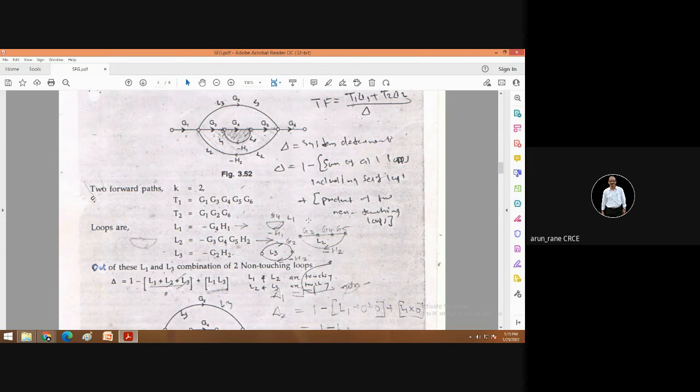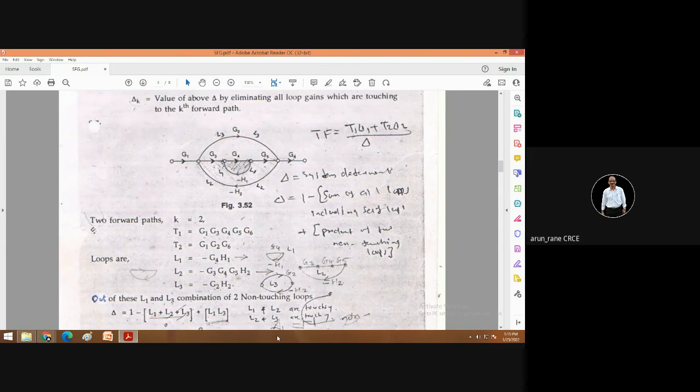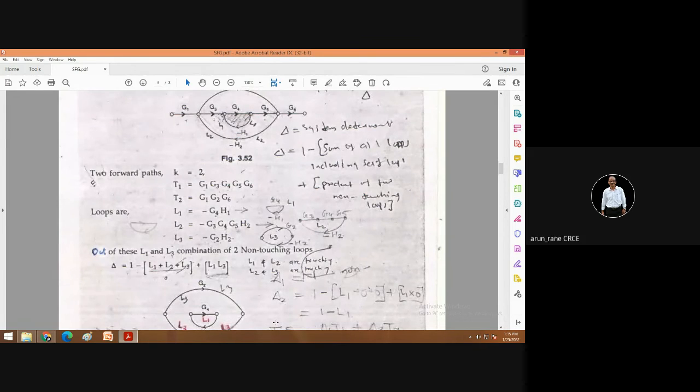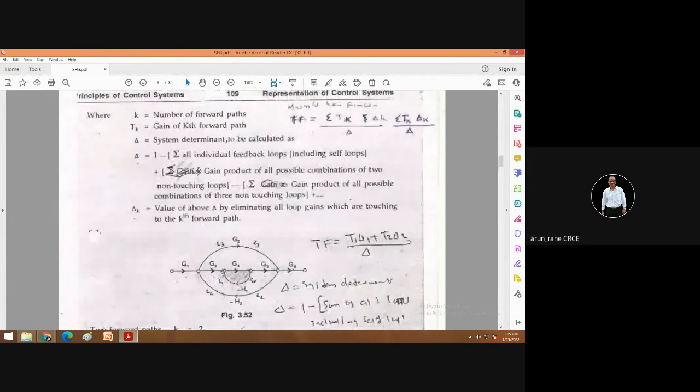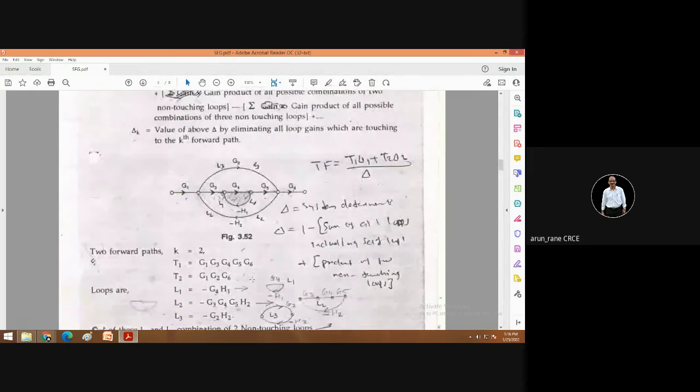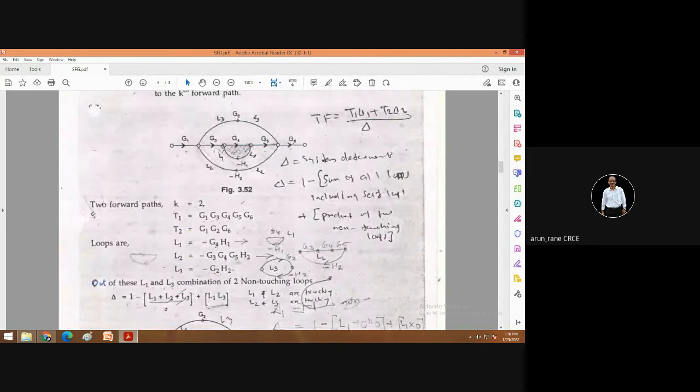Okay, so now system determinant. So how to find out the system determinant? The system determinant is found out by this relation: 1 minus sum of all loops, plus product of the non-touching loops.